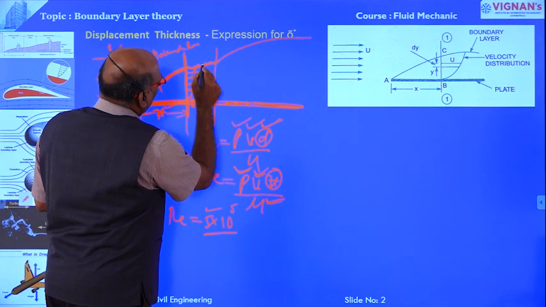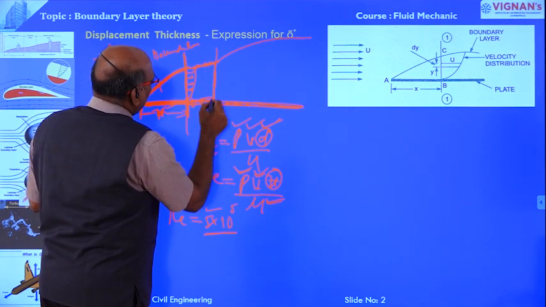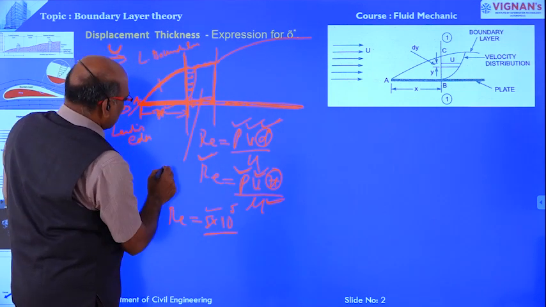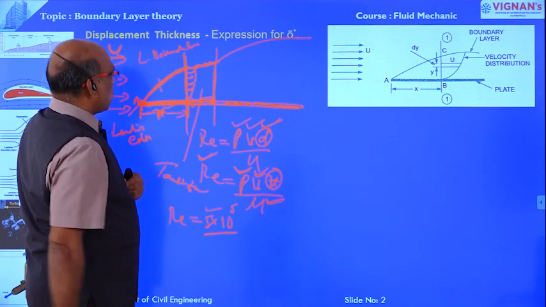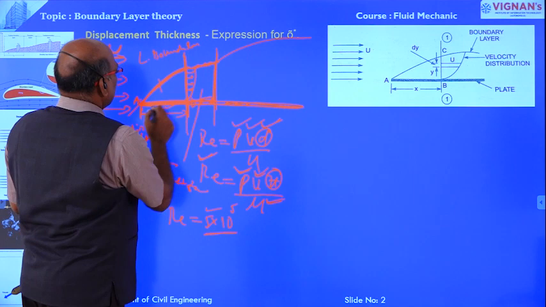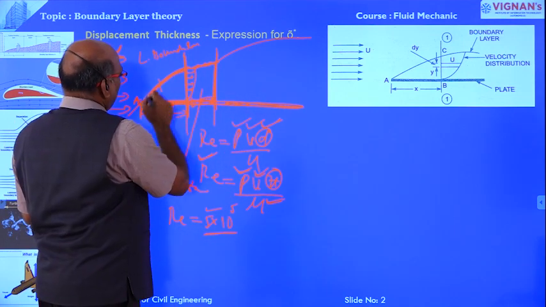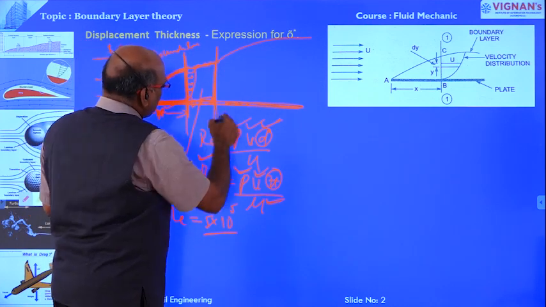This zone is known as the transition zone. This is the laminar zone, this is the transition zone, and this is the laminar boundary layer.